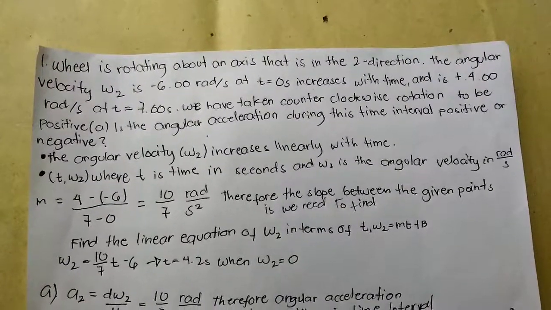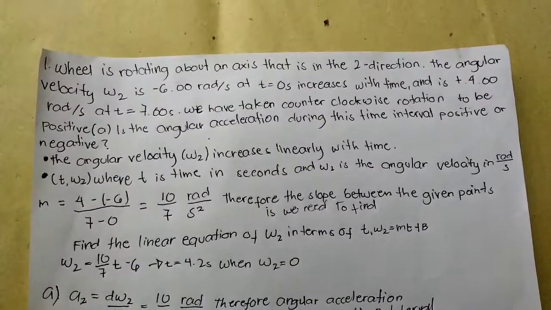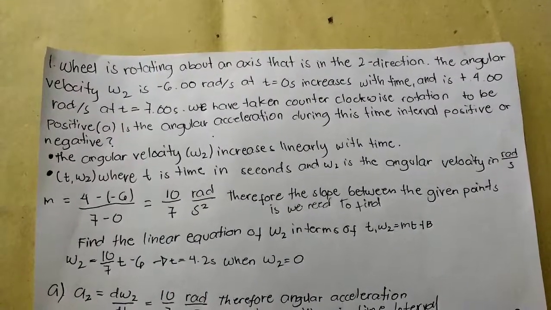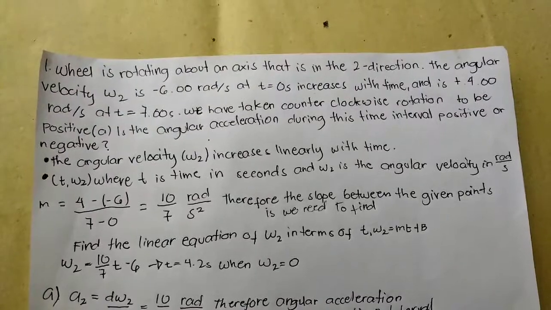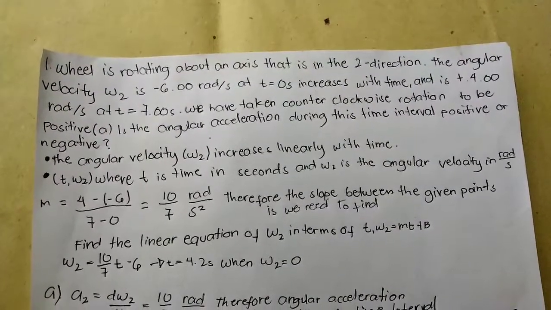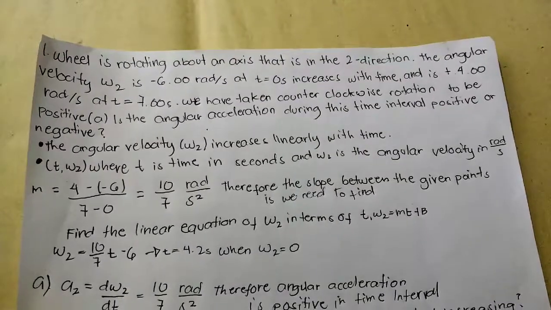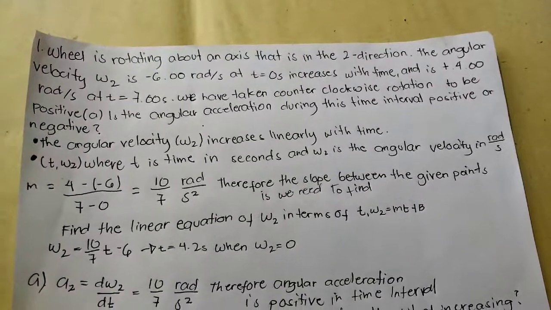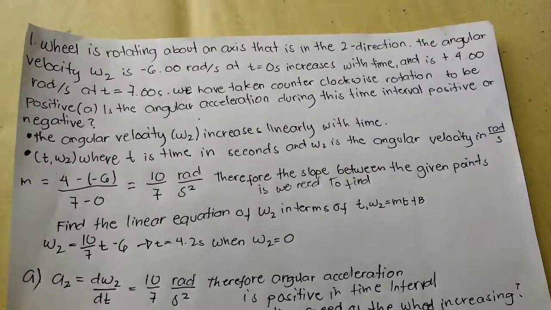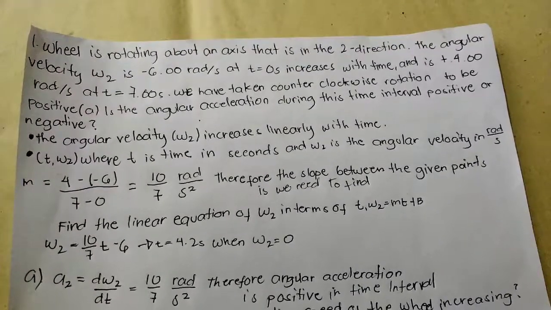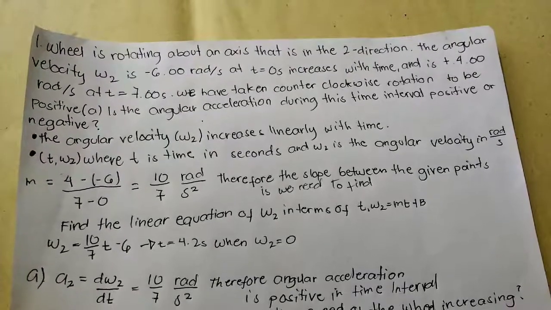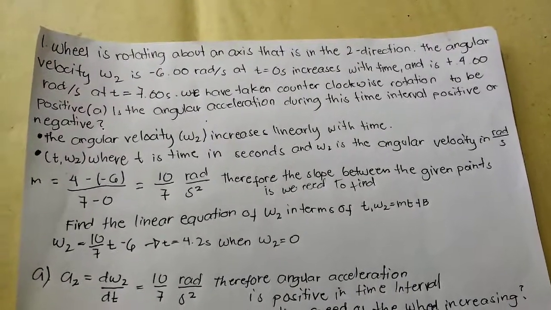We have taken counterclockwise rotation to be positive. Question A: is the angular acceleration during this time interval positive or negative? The velocity ω_z increases linearly with time, where t is time in seconds and ω_z is the angular velocity in radians per second.